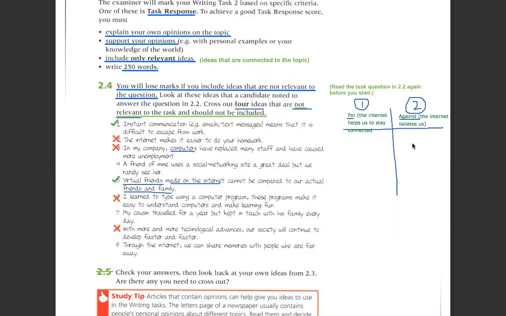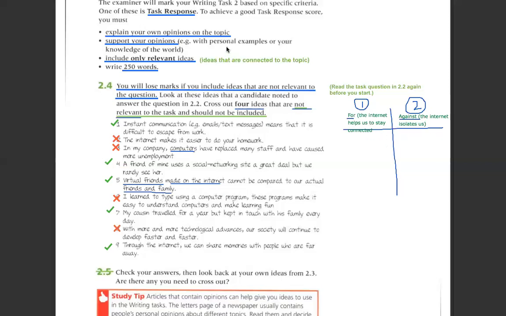Right, so I'd like you to decide how we would organize these. So we have number 1, number 4, number 7, and number 9. So out of these ideas that are relevant, which paragraph would we put them in, for or against?